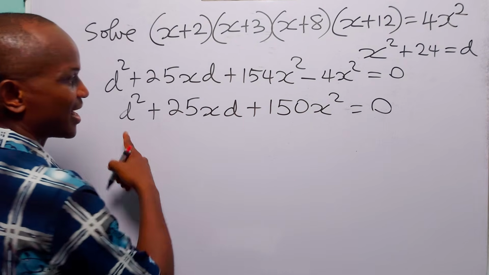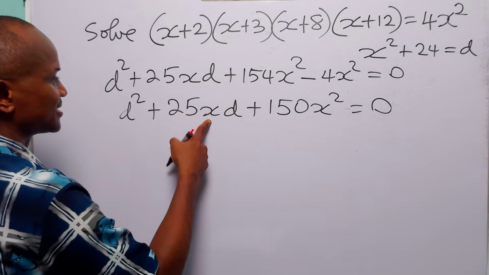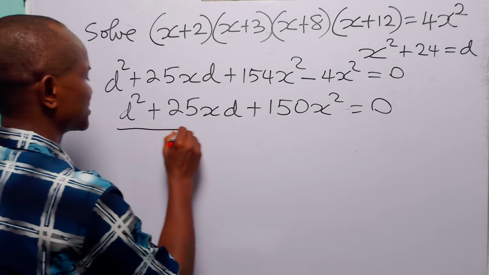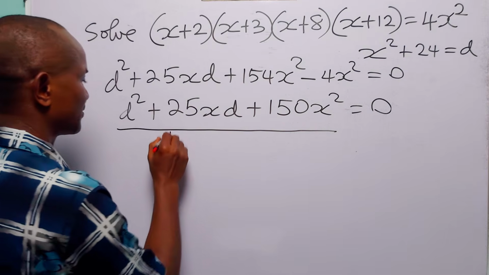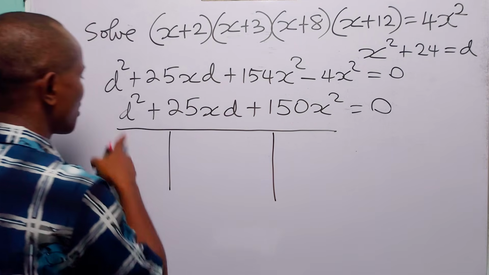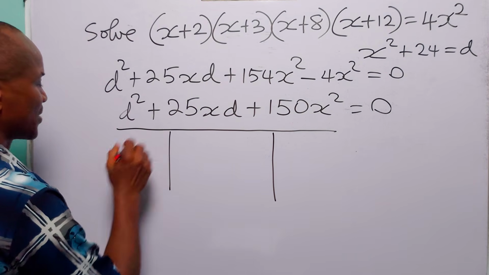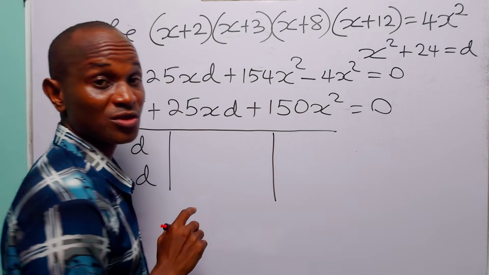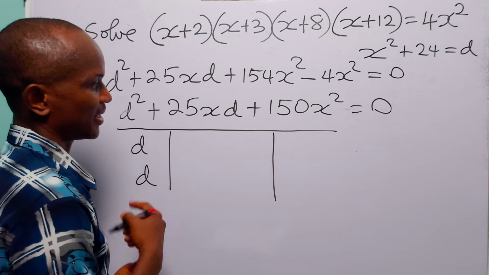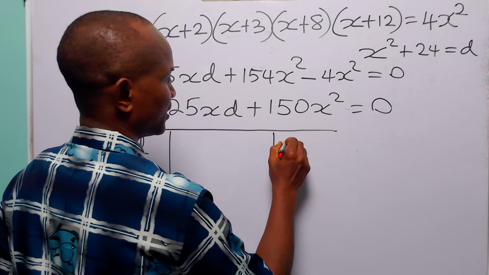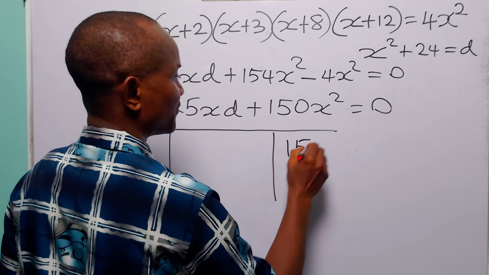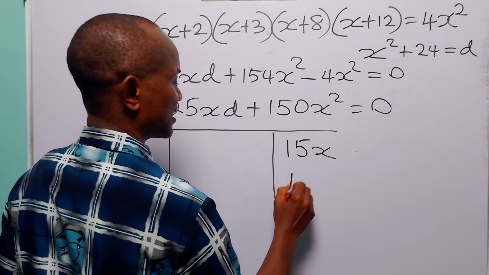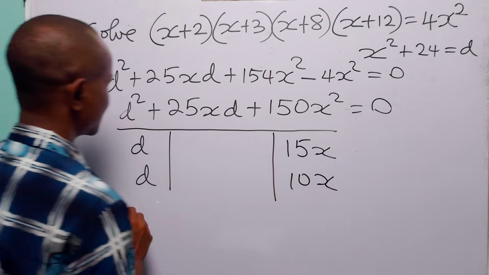Now we can factorize this trinomial, and since we have two variables, let us use the table method. What are the factors of d squared? We have d times d. What are the factors of 150x squared? We have 15x times 10x.